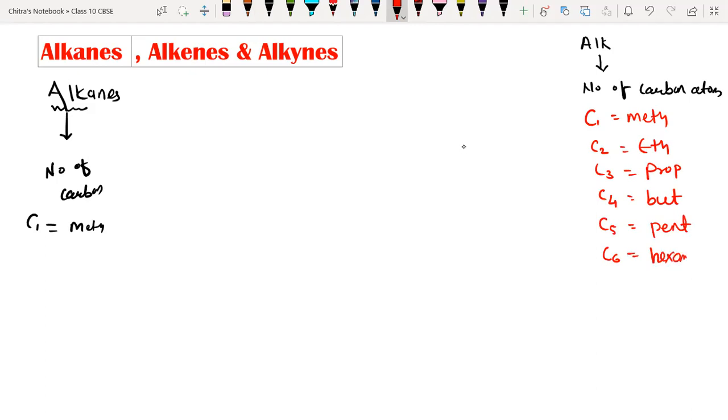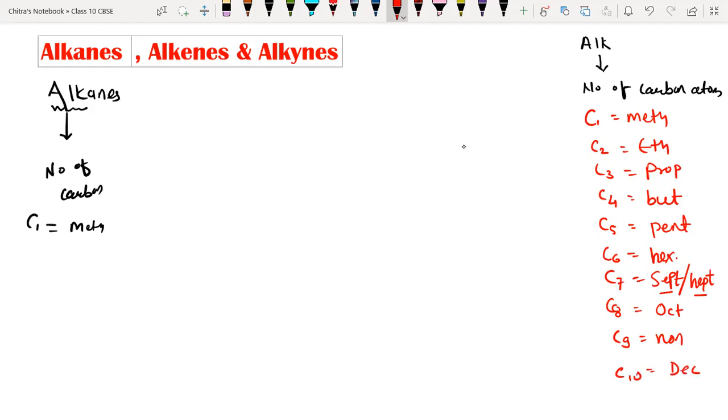If we have 7, then sept, or we can use hept also. If you don't want to use sept, then you can use hept. If we have 8 carbons, then you can use oct. If we have 9 carbon atoms, then we can use non. If we have 10 carbon atoms, then we can use dec.